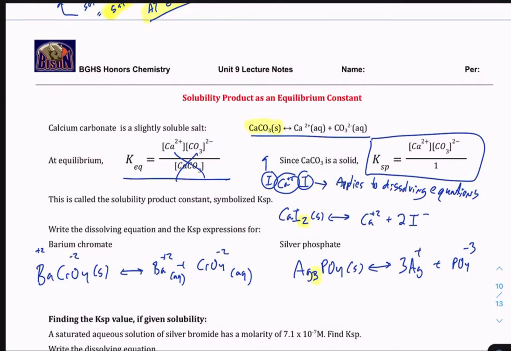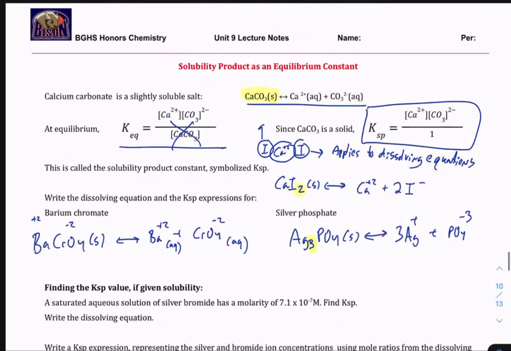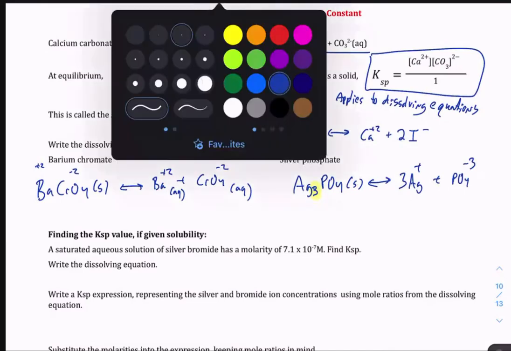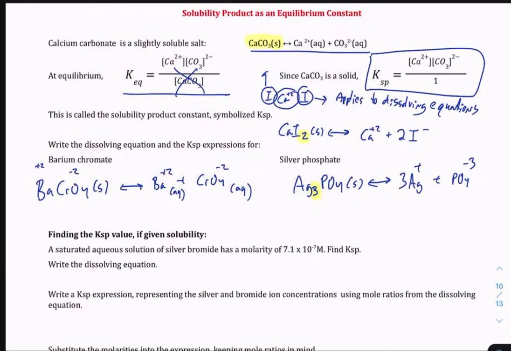All right. So if you're okay with writing the dissolving equation, the next thing is to write what's called the KSP expression. And writing the KSP expression is exactly what you have always done, except that you don't include the solids. So the KSP expression for this reaction would be the concentration of the products multiplied by each other over 1, because you can't write the solid. But you don't even have to write the 1.